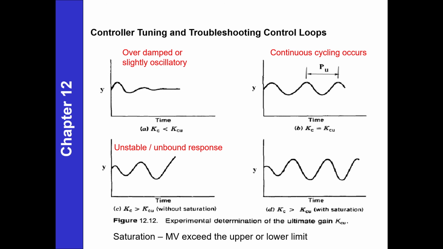Tuning is a process to determine the optimum value of Kc, tau I, and tau D. Tuning process is a process to determine the best value of Kc, the best value of tau I, and the best value of tau D. Here is some of the response when we do tuning.